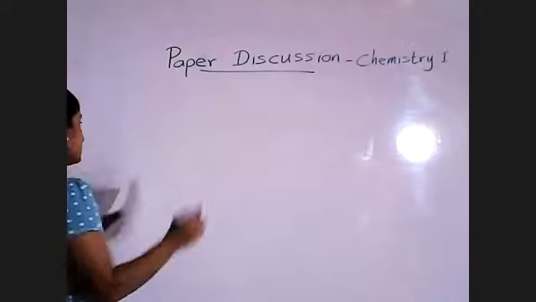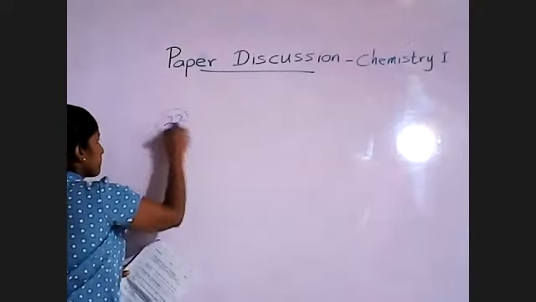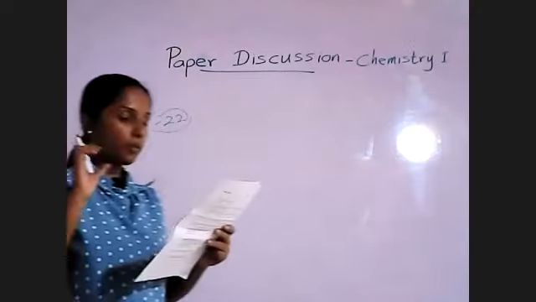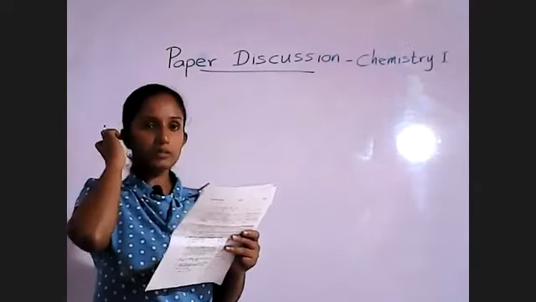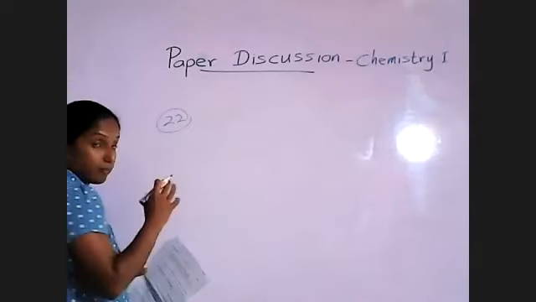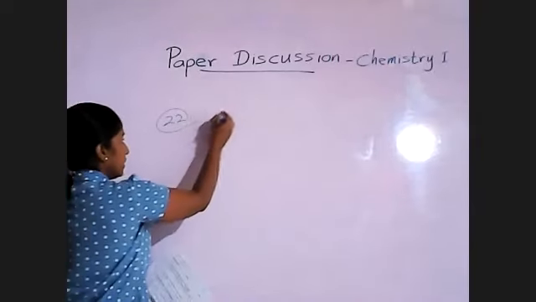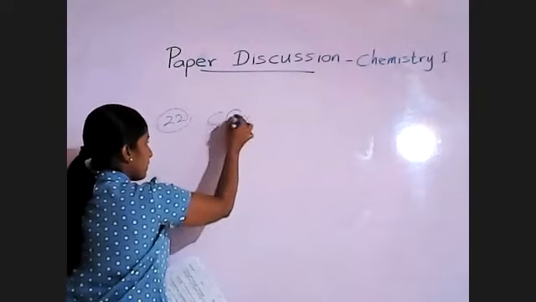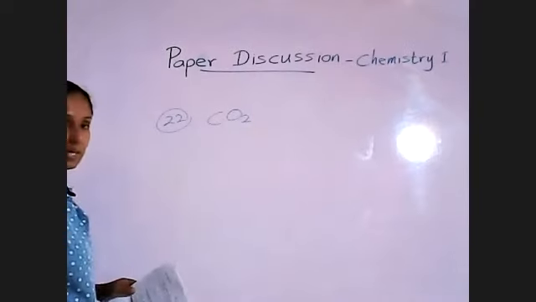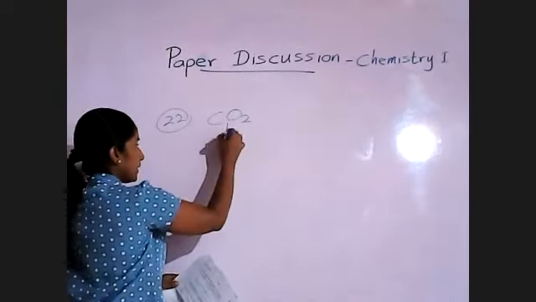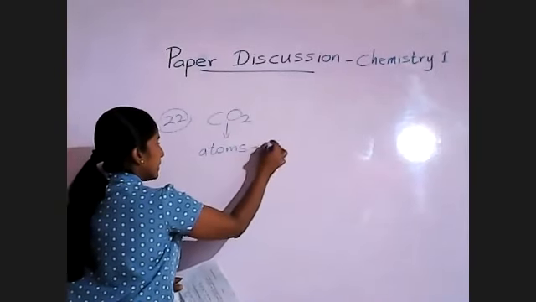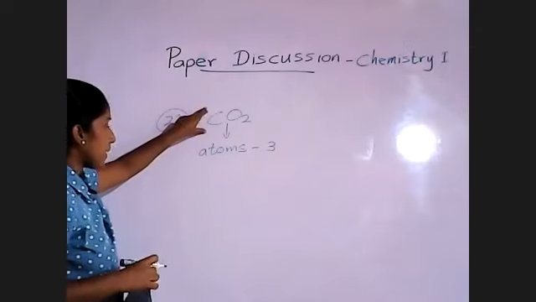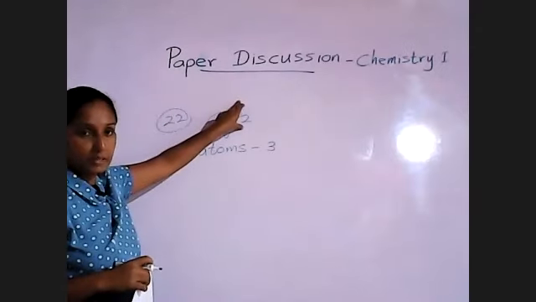Here, look at question number 22. The total number of atoms in 1 mole of carbon dioxide molecule. In 1 molecule of carbon dioxide, how many atoms are there? There are 3 atoms: 1 carbon atom and 2 oxygen atoms.